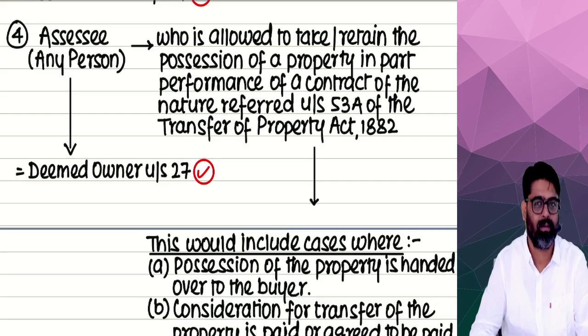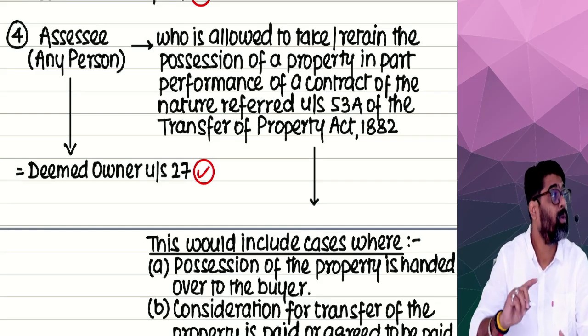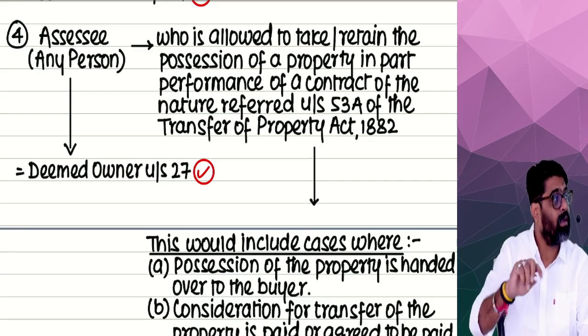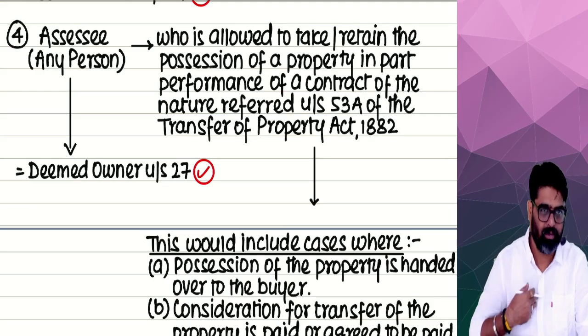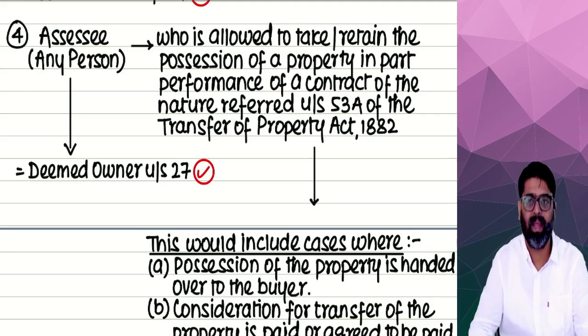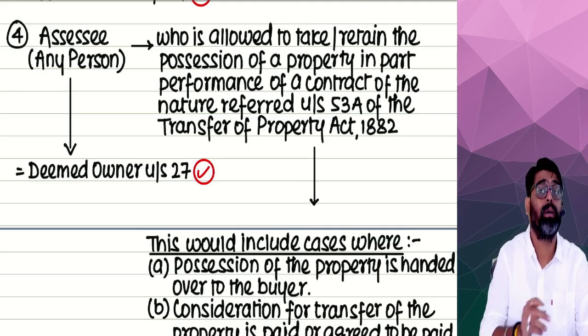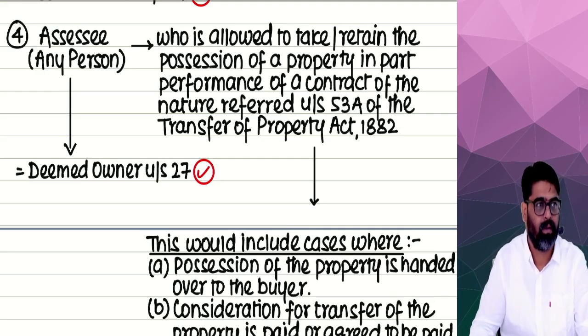If you are a buyer, you have bought the property. Will you enter into a sale agreement with the seller? Tell me yes or no. I am a seller, you are a buyer. You are buying a property from me. So we will enter into a sale agreement. Now in that sale agreement, there will be some part which as a buyer you will have to perform.